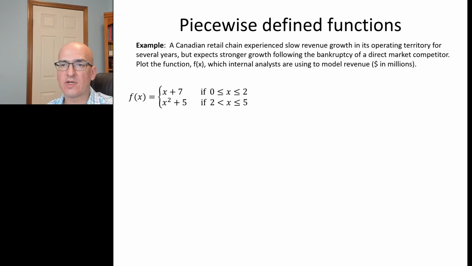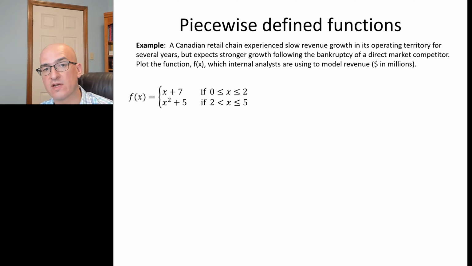So here's an example of a piecewise function, not really a realistic example, but just to give you an idea what the function looks like algebraically. We have a retail chain experiencing slow growth for a few years, but then its competitor goes bankrupt and it starts doing better.